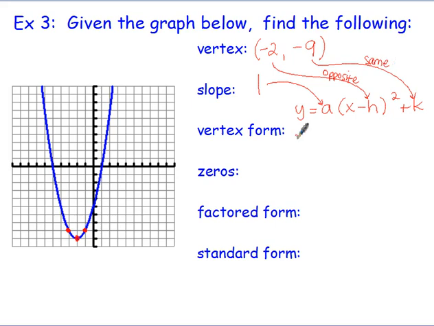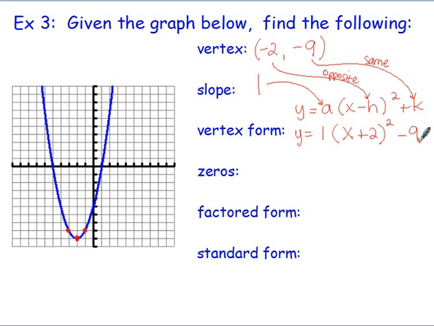So our equation looks like y equals 1 (x, now if this is a -2, the opposite of a -2 is a +2) squared. And if we keep this one the same, then it is a -9. So we just literally went exactly backwards from what we did on the first few examples.